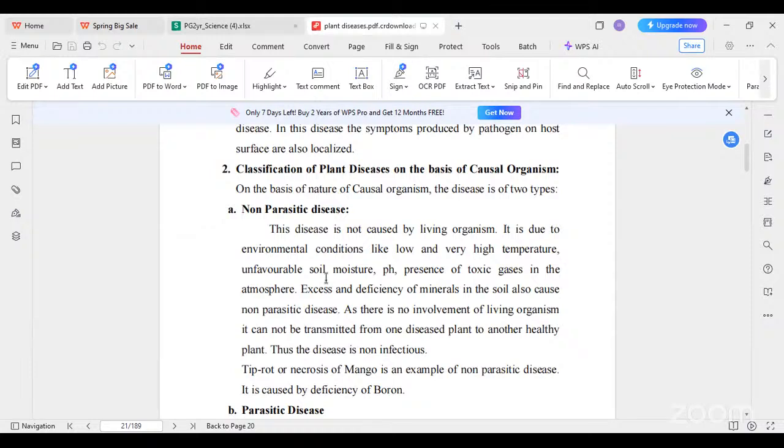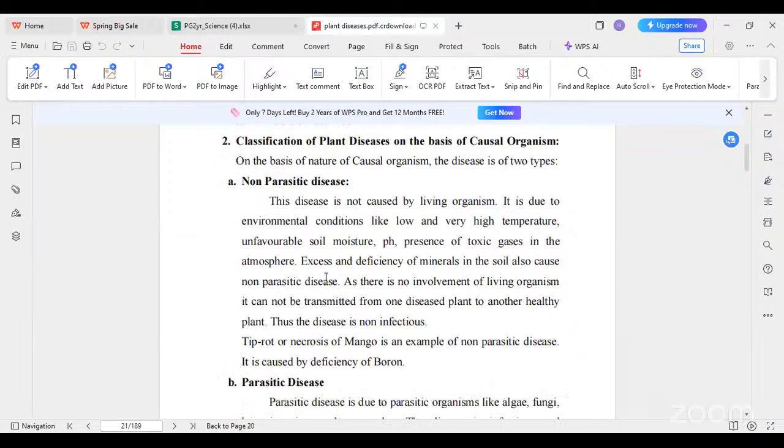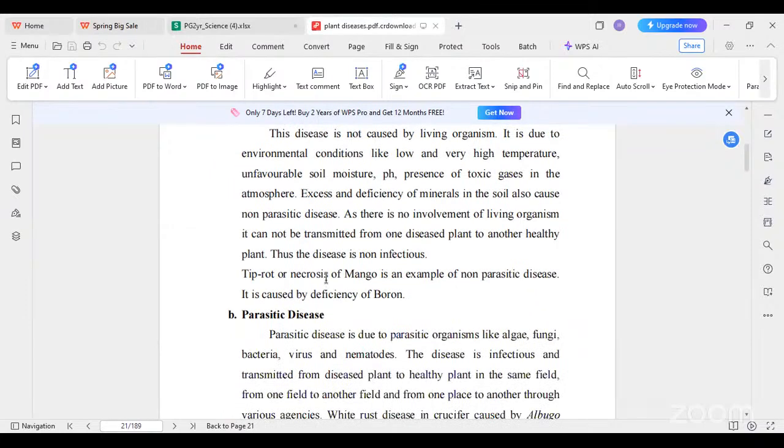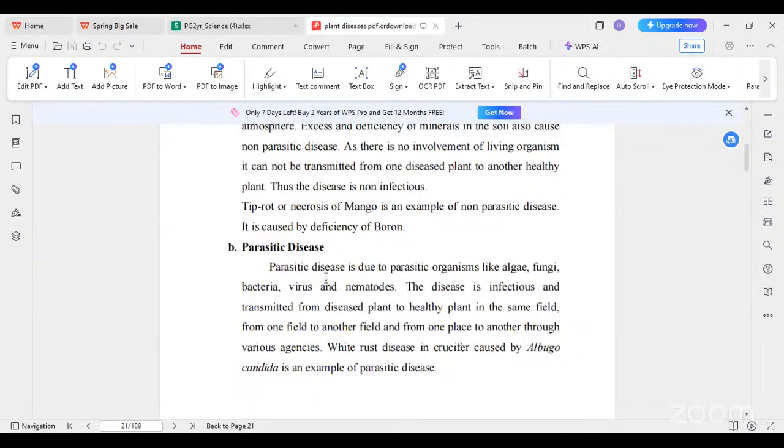As there is no involvement of a living organism, it cannot be transmitted from one diseased plant to another healthy plant. Thus, the disease is non-infectious.